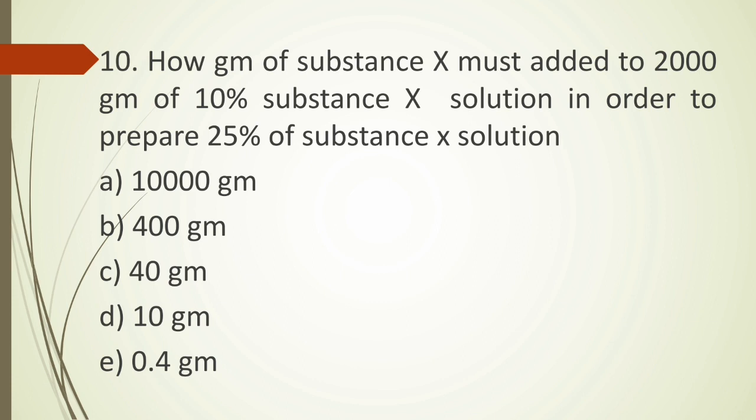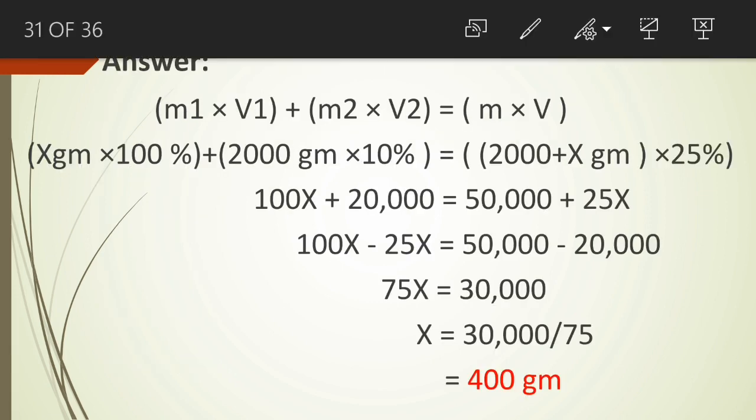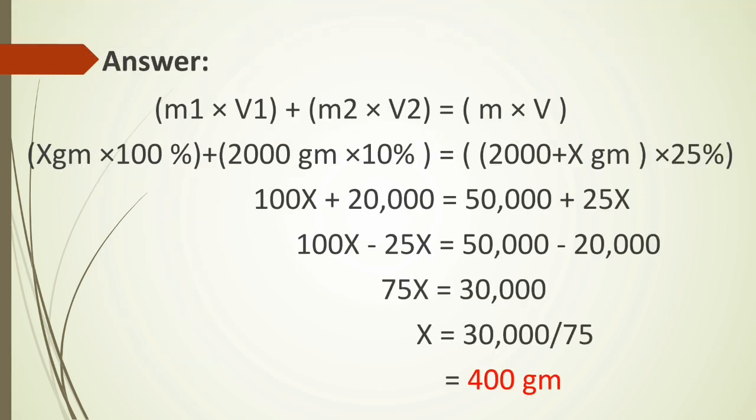Here we have to use one equation: M1V1 plus M2V2 is equal to M into V. M1 is the quantity of the first solution, and V1 is the percentage of drug in it.